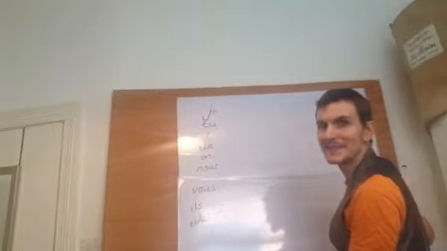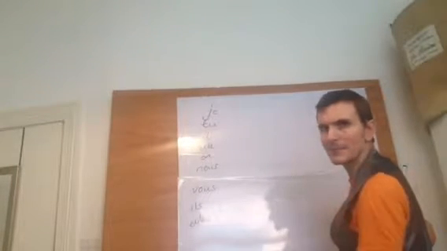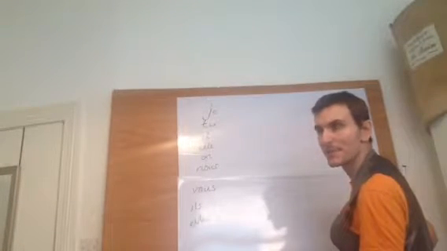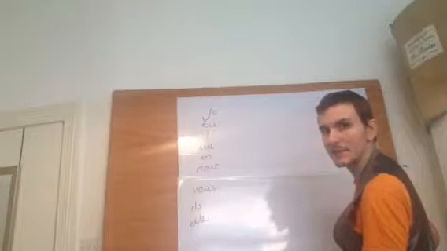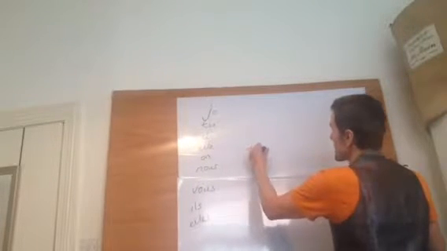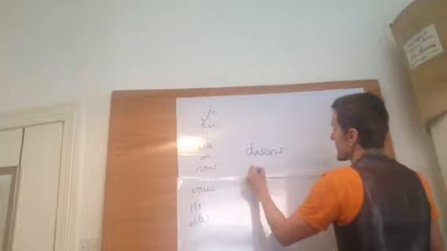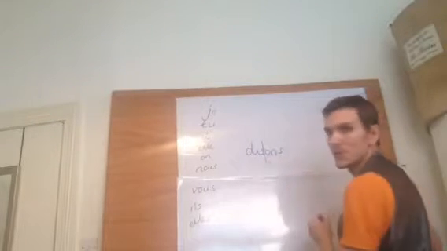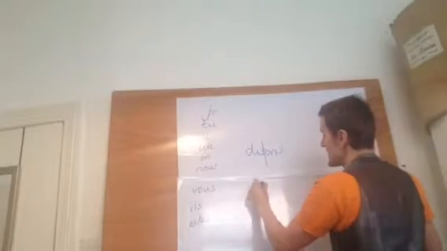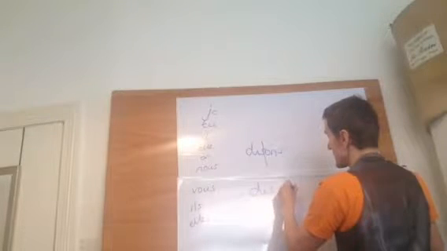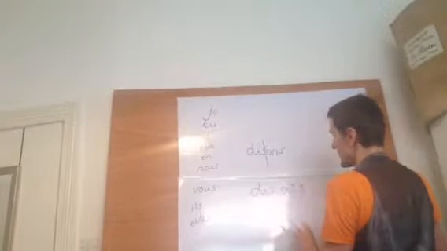So, disons, knock off the ons, dis is my new hard. So, disais, disais, disais, disions, disiez, disaient. We're going to make this our new hard. Disais. Okay, I was saying.